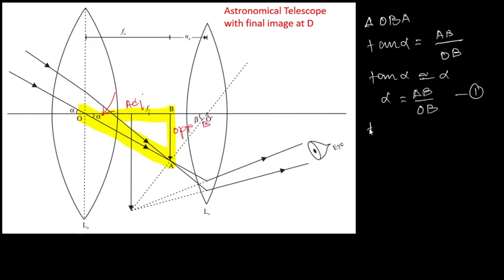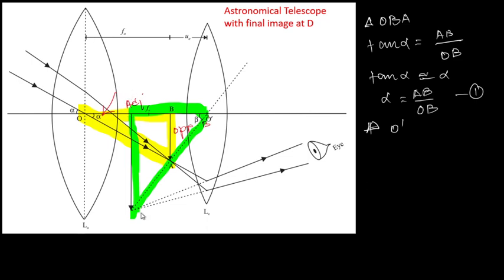And let us consider another triangle. Let me consider the other triangle which involves beta. So here in triangle O dash, and let me have this as B dash.